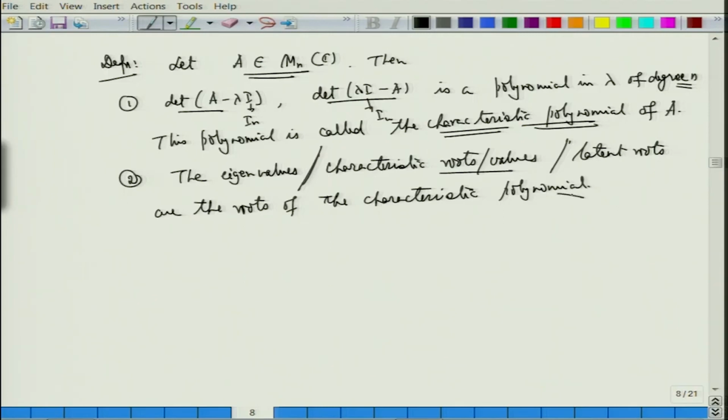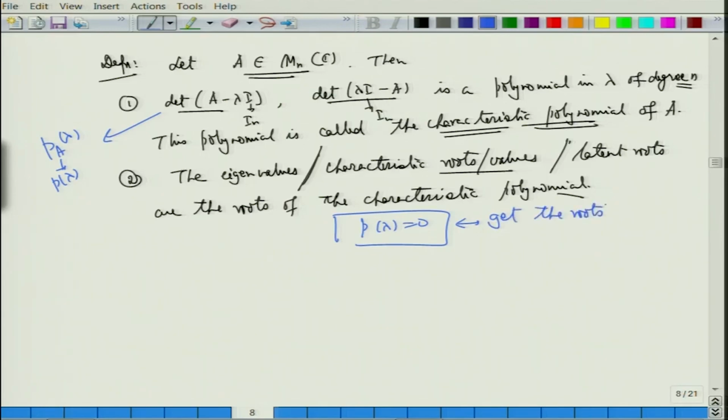Fine. So if I denote this polynomial as P, books have different notations, so I don't know what I've used. P of A, no, it should be P of lambda, A. P lambda of A or just P lambda. Fine. Then we are saying that just compute P lambda, put it to 0 and get the roots. Fine.